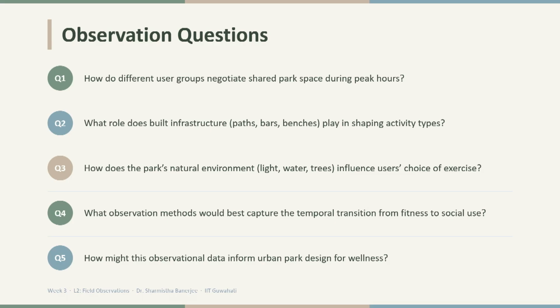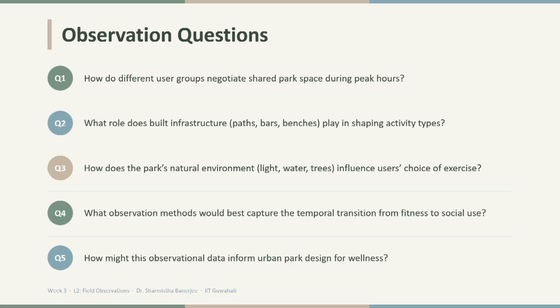How does the park's natural environment, like light, water and trees, influence users' choice of exercise in that particular area? What observation methods would best capture the temporal transition from fitness to social use? How might this observational data inform urban park design for wellness?